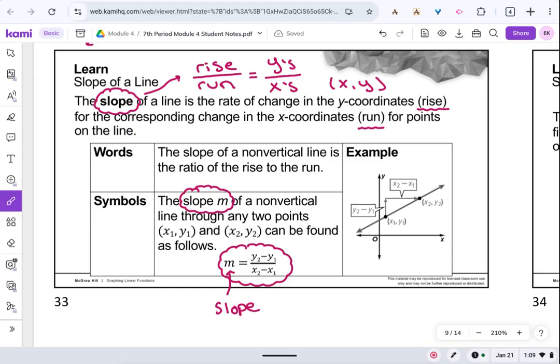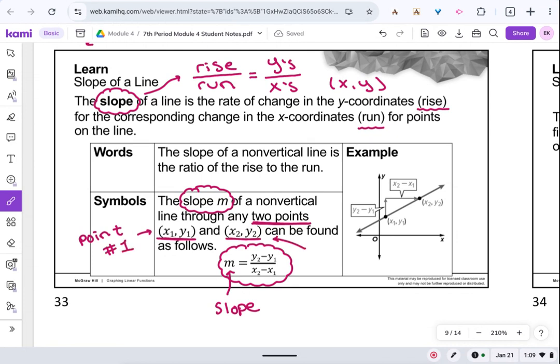And we're going to be looking at 2 points, so the slope between 2 points. How we label our points is like so. The 1 and the 2 doesn't really mean anything. All it's saying is this is referring to point number 1 in our problem. That's the little ones there.